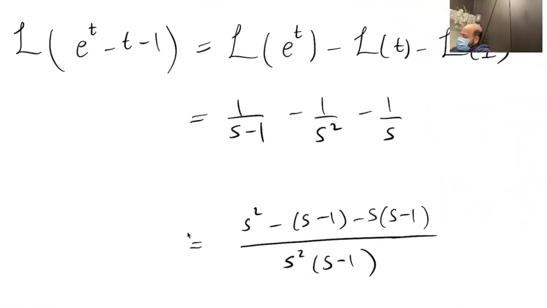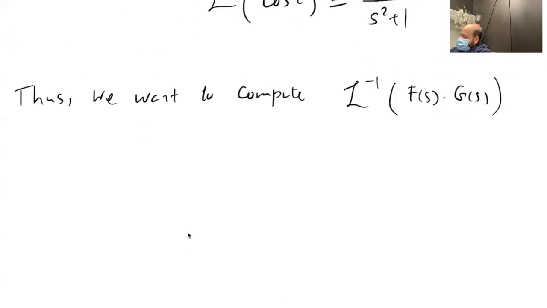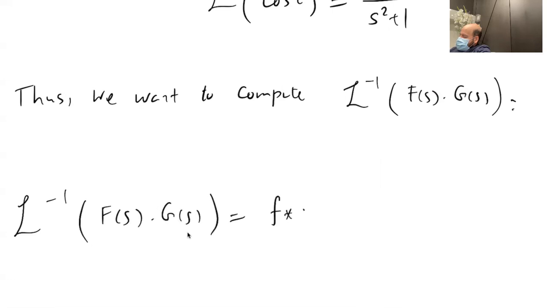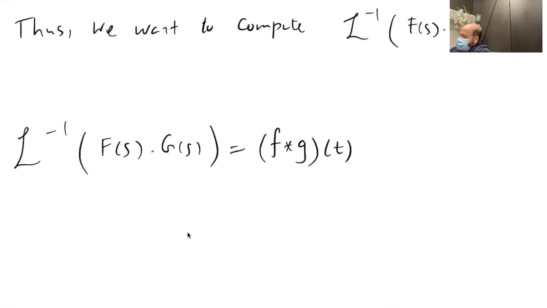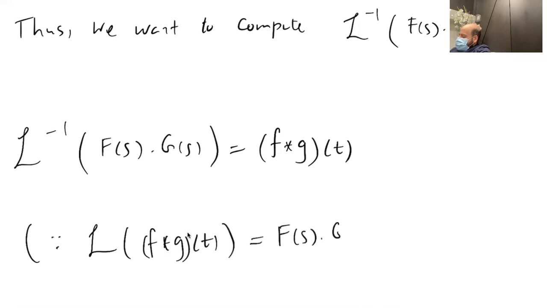So I can say that the inverse Laplace transform of capital F of s times capital G of s is equal to f star g of t, because the Laplace transform of f star g of t is equal to capital F of s times capital G of s.